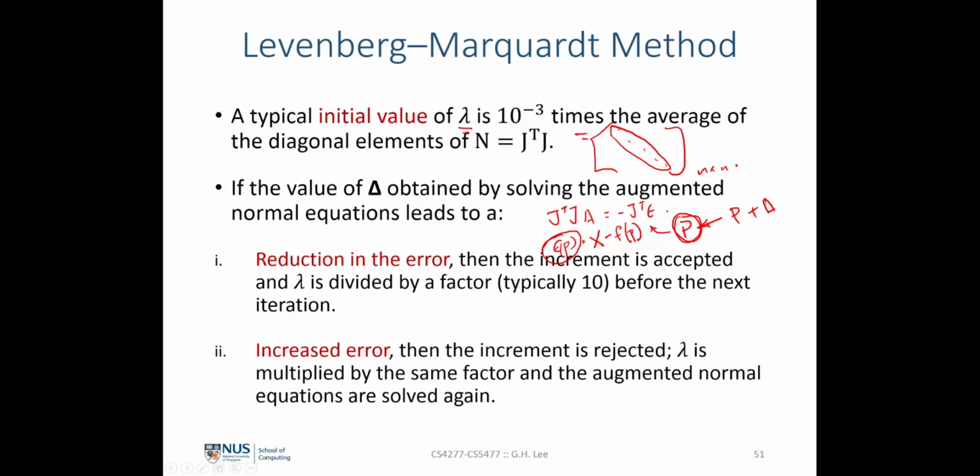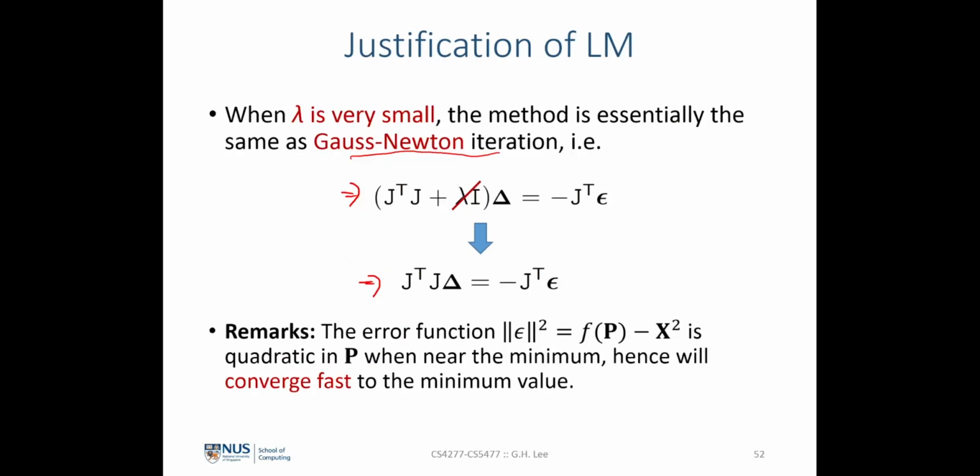And this is because if there's a reduction of error in the cost function, we are probably already getting closer to the local minima. As mentioned earlier on, when we are close to the local minima, Gauss-Newton will work very well, on the assumption that the cost function is getting more and more quadratic.